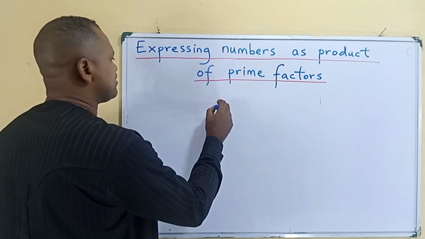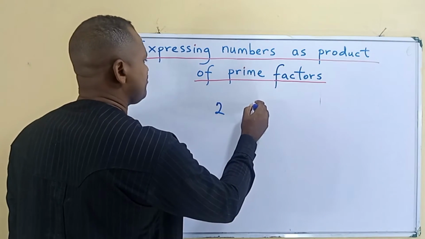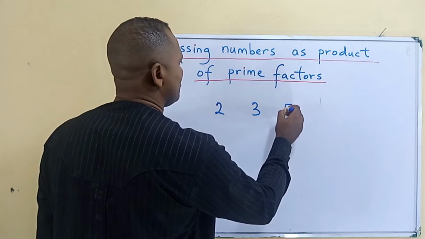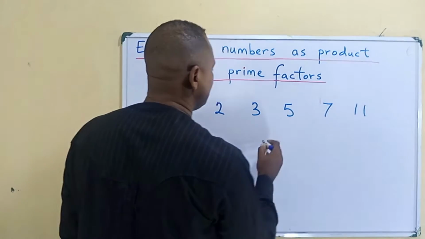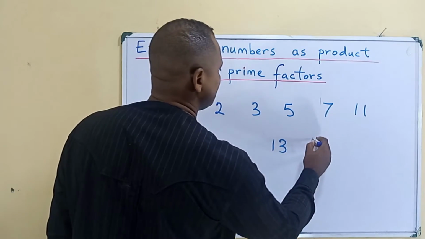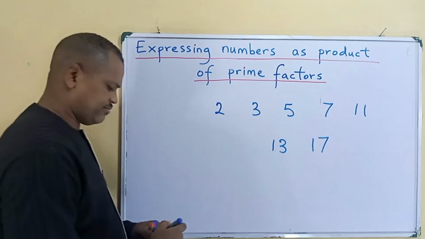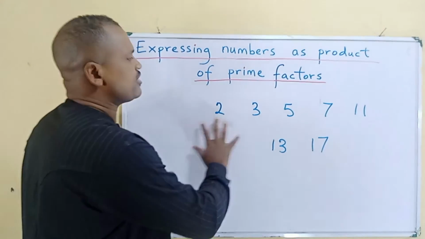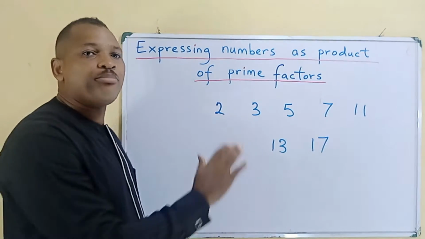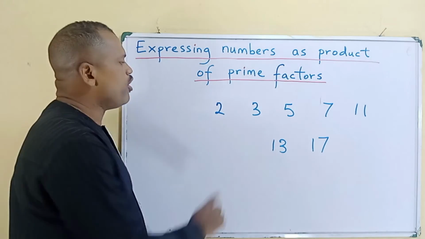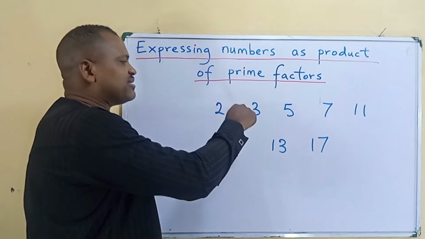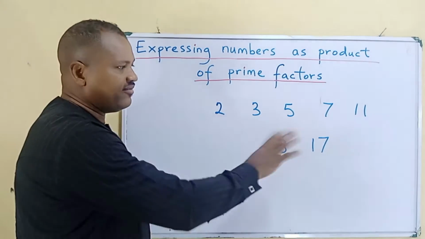Now look at these numbers: 2, 3, 5, 7, 11, 13, 17. All these numbers here are prime numbers because only one and themselves can divide them.